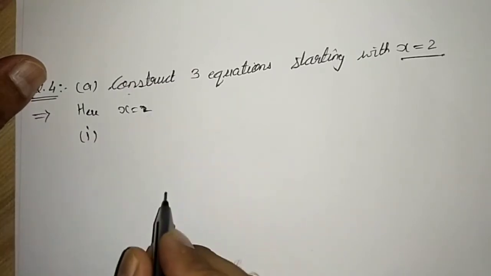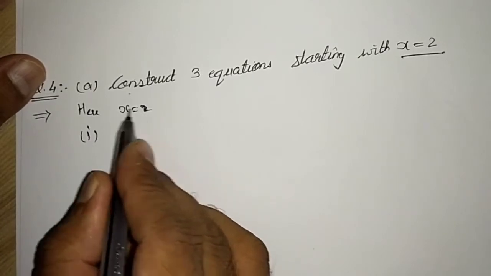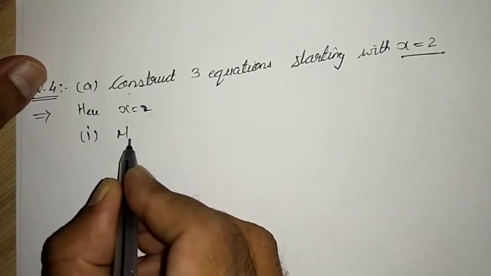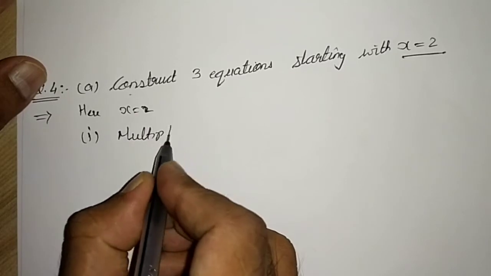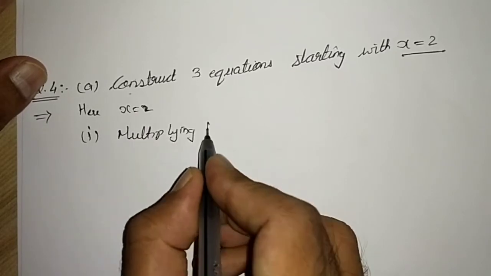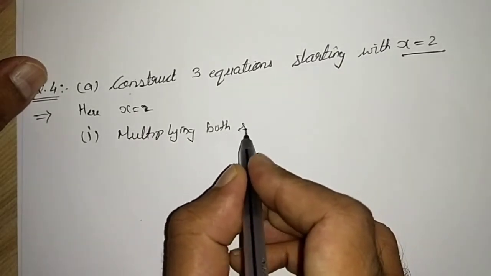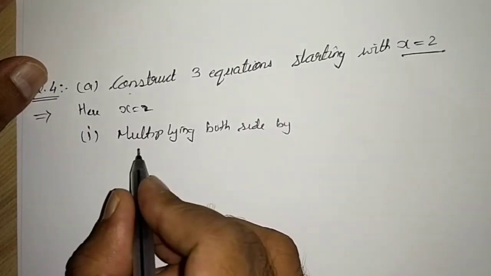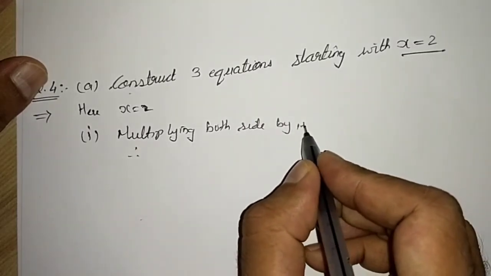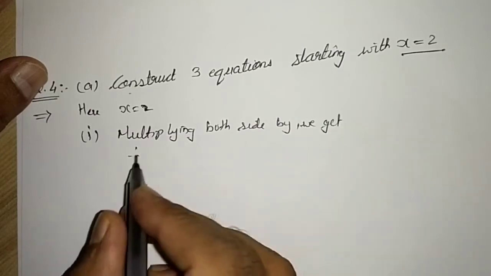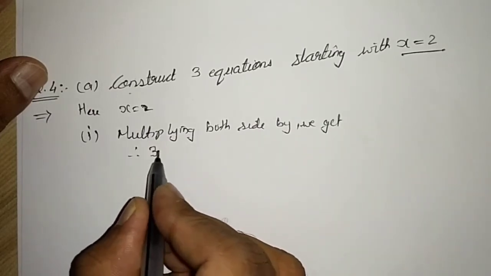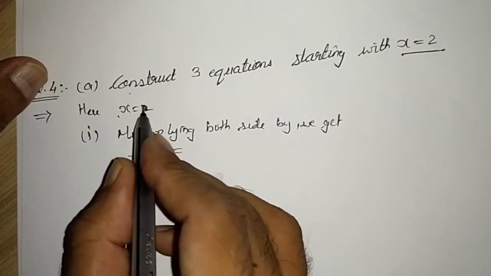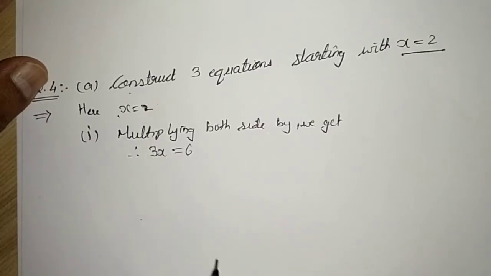First what we will do, we will multiply both sides by 3. We will write multiplying both sides by 3. Therefore multiplying 3 both sides we will get 3x is equal to 2 3s are 6.